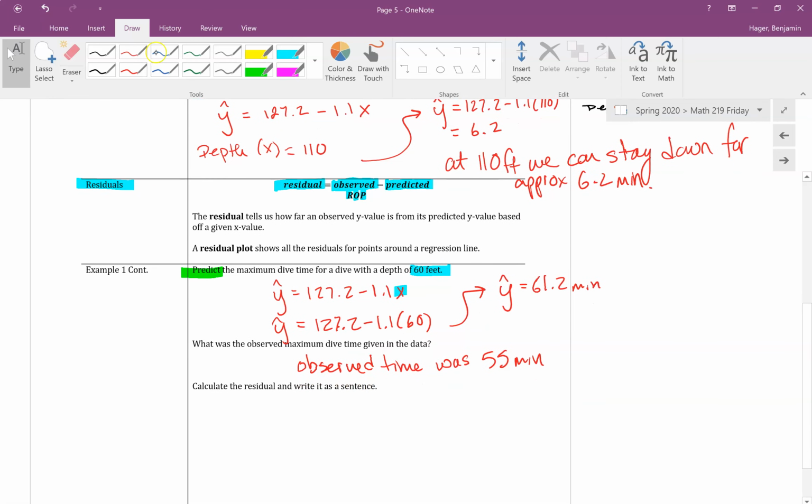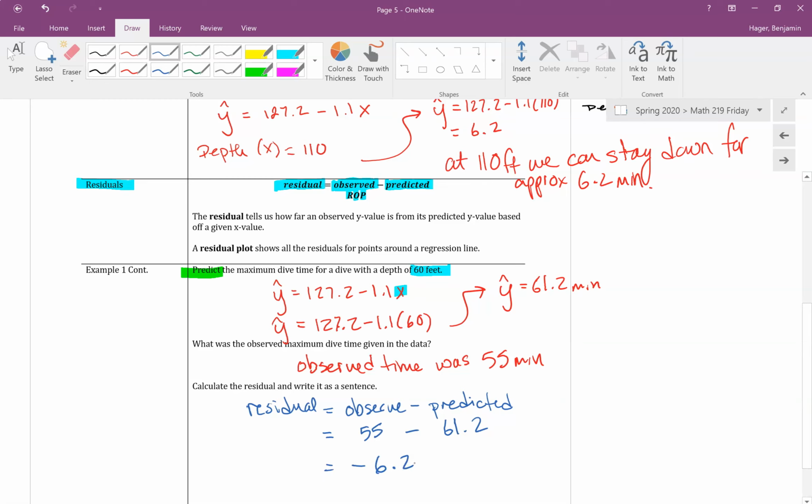Well, the residual is equal to what you observe minus what you predicted or estimated. In this case, I observed a dive time of 55 minutes. I predicted a dive time of 61.2 minutes. So I got a residual of negative 6.2.